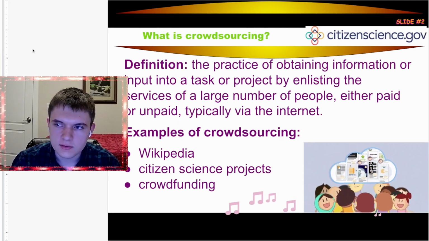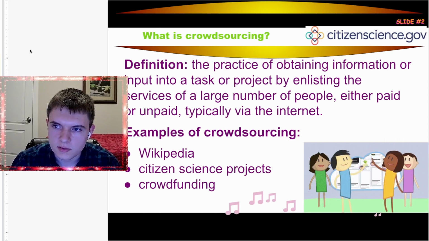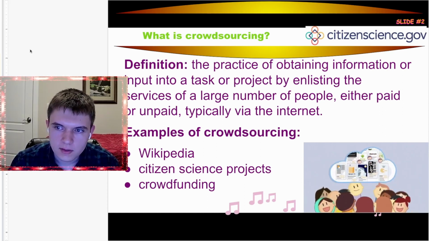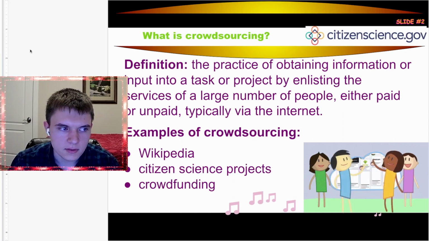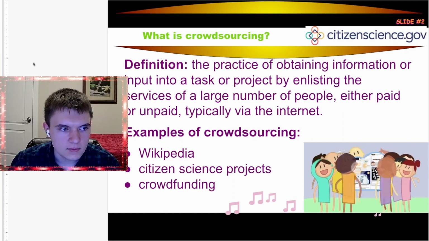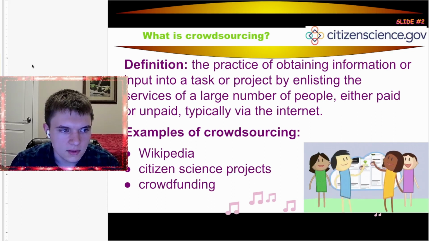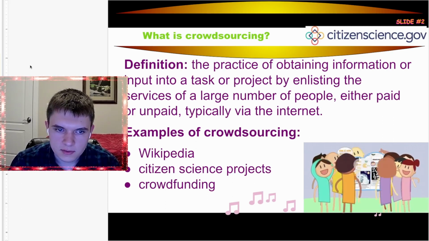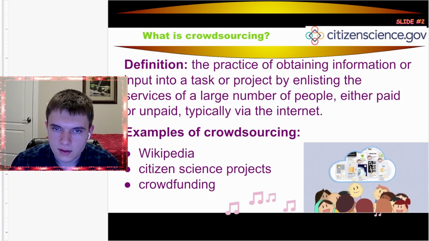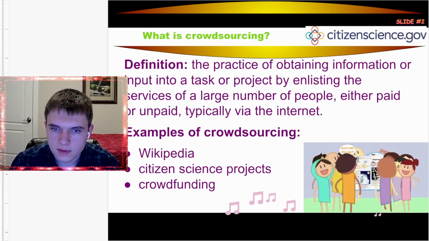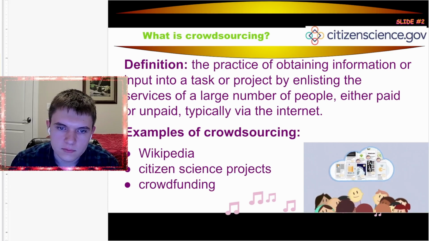Crowdsourcing is the practice of obtaining information or input into a task or project by enlisting the services of a large number of people, either paid or unpaid, and typically this takes place over the internet. I have a couple of examples of crowdsourcing: Wikipedia, obviously, also citizen science projects. Those are science projects that you can find online that various groups and organizations have put up and are looking for volunteer help with.